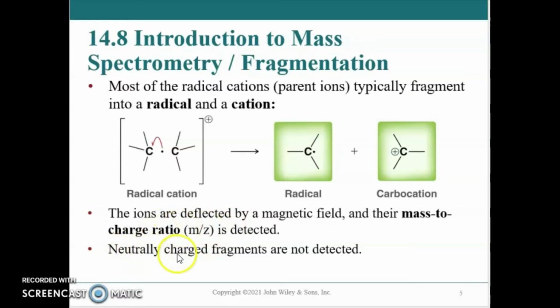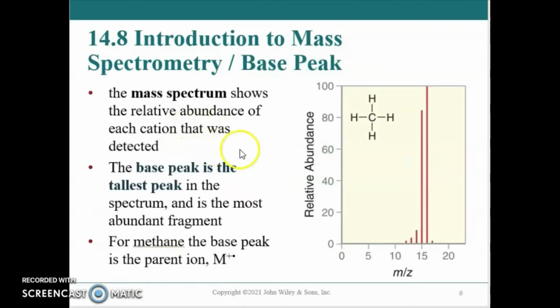It's important to notice here that neutral fragments are not detected. In this example, the mass spectrum shows the relative abundance of each of the cations that's formed. The tallest peak, the one that's scaled to 100%, is known as the base peak. The base peak is not the same as the molecular ion, although it's possible that the molecular ion would be the tallest peak.